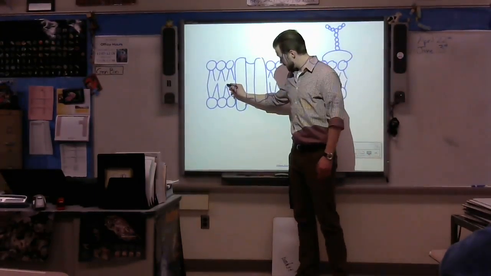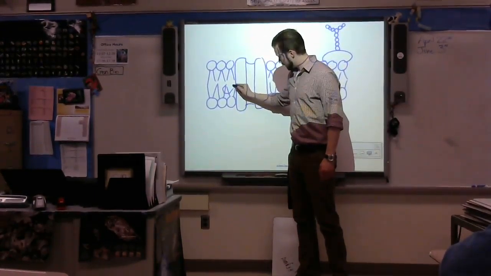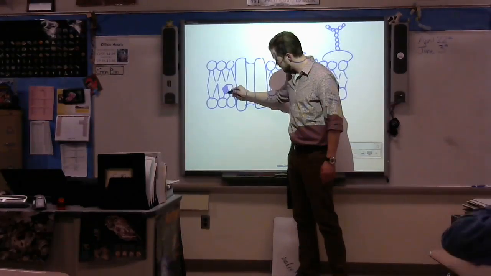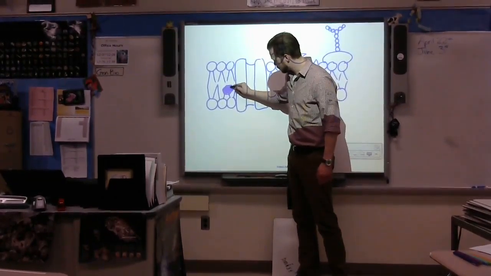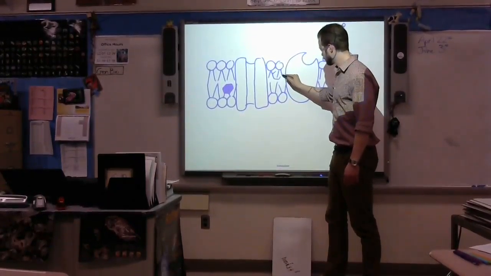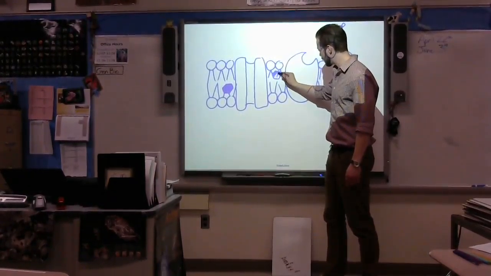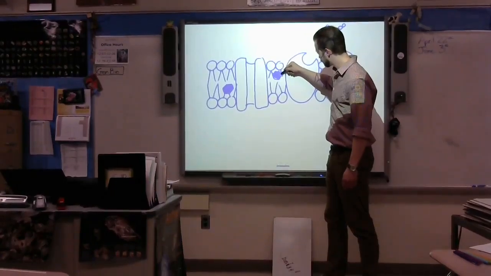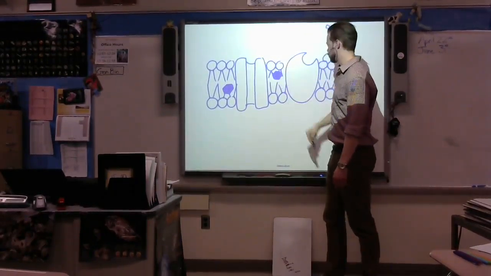In addition, inside, I would put a couple of hexagons that will represent cholesterol. Cholesterol is a saccharide, it's a sugar, so it's appropriate to show it as a hexagon.